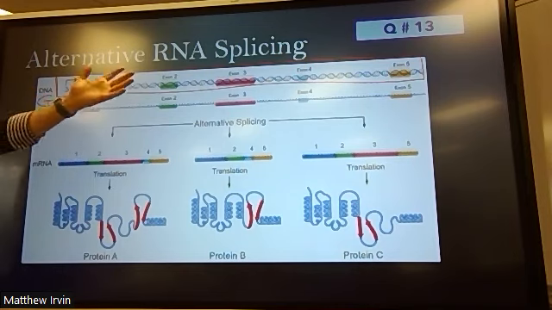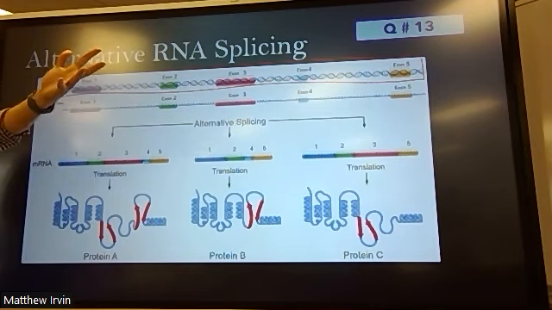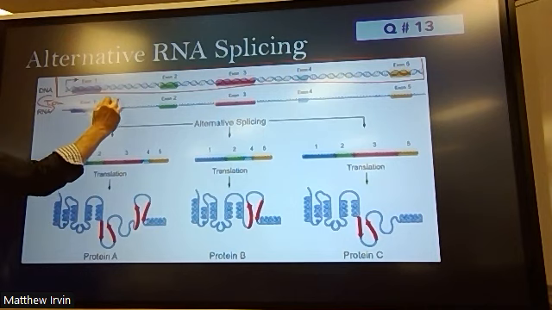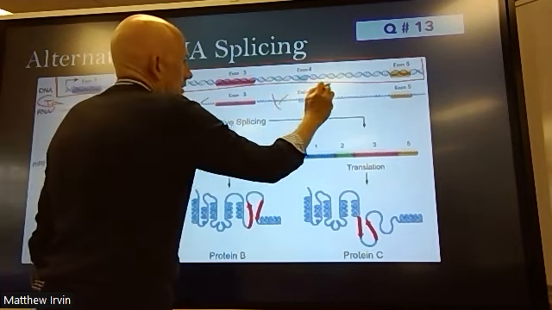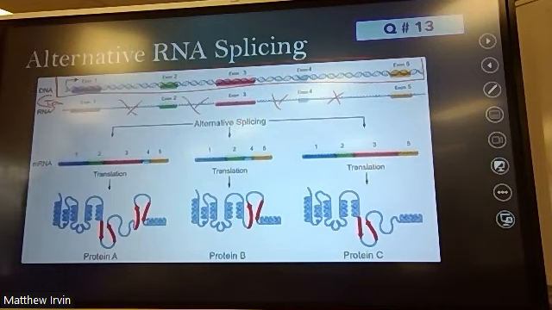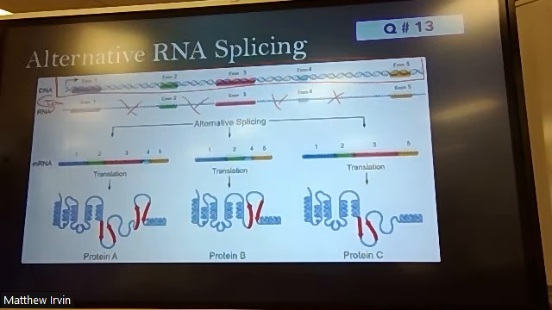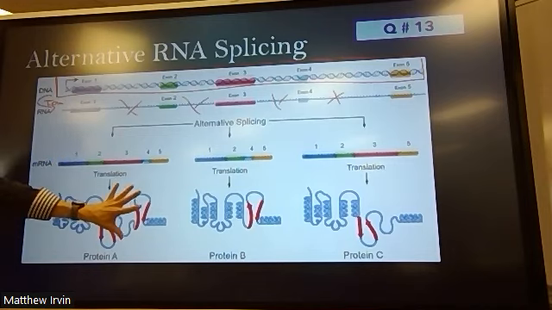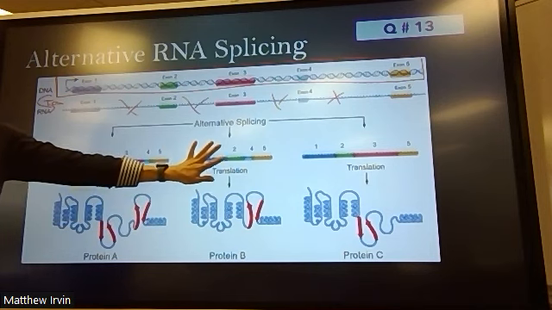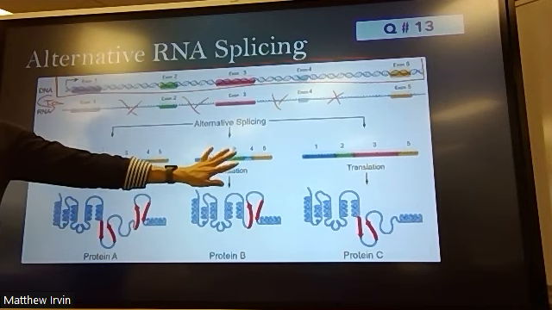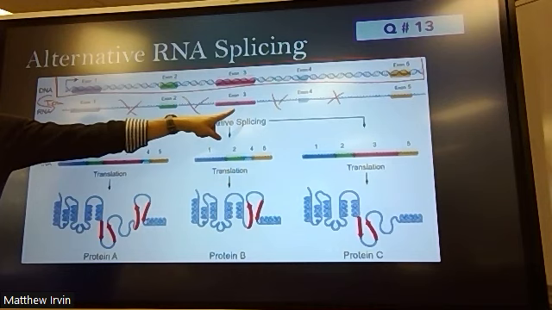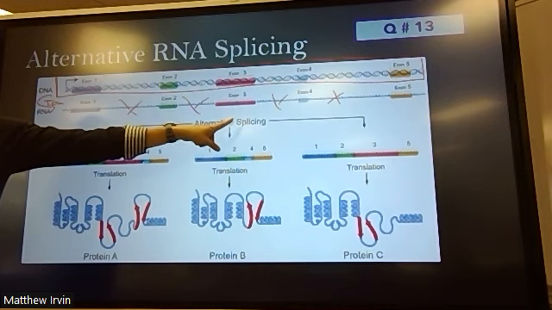And we've got lots of different exons. So we cut out all the introns every time, but we can also cut out exons. If we leave all of them in, these will all get translated into this protein. But if we cut out the third exon as well as some introns, our sequence of what's being read will now be different.